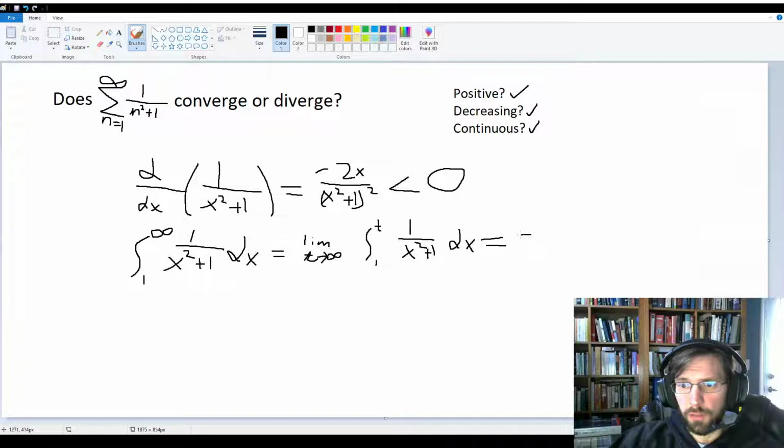So this is going to be the limit as t goes to infinity of arctangent of x evaluated at 1 and t.